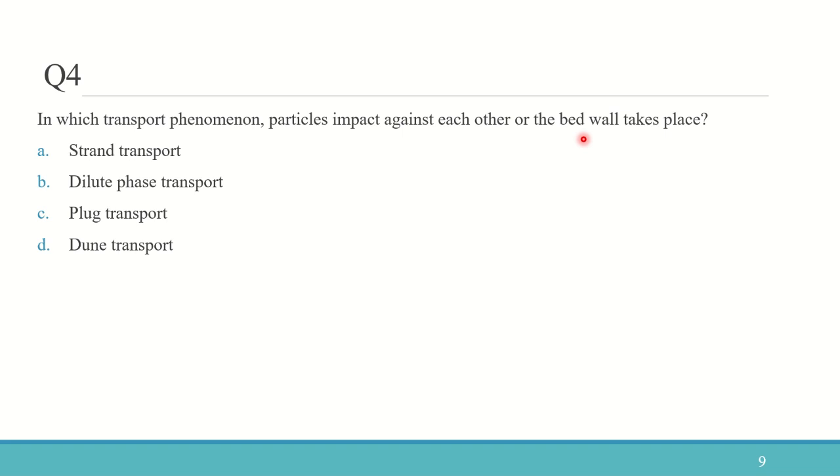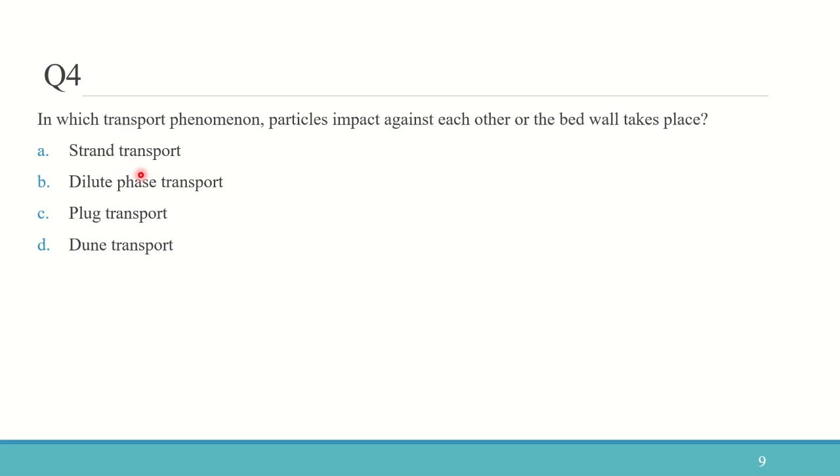So the first thing that is happening is in dilute phase transport, where the velocity is very high, and next is the strand transport.